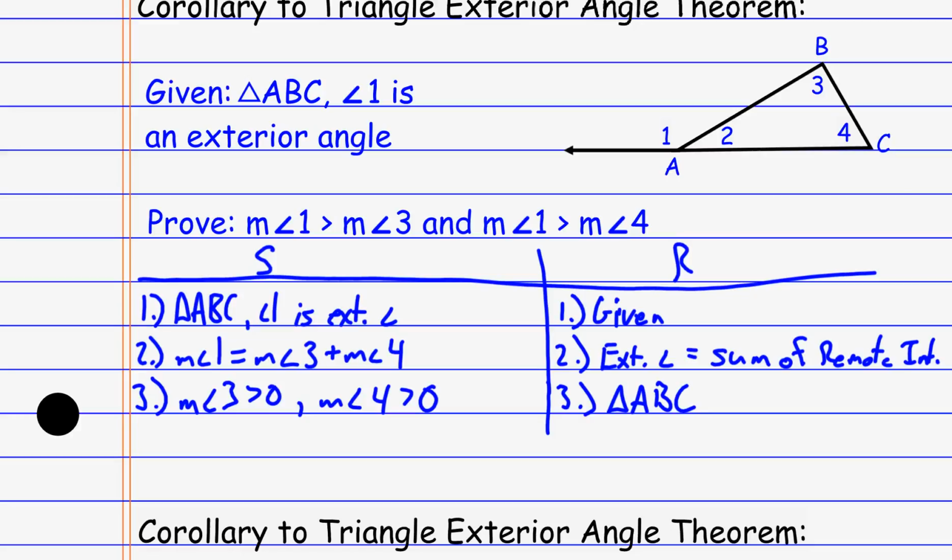Alright, so now from here, I can immediately say that the measure of angle 1 is greater than the measure of angle 3. I can also say that the measure of angle 1 is greater than the measure of angle 4 because of that comparison property.